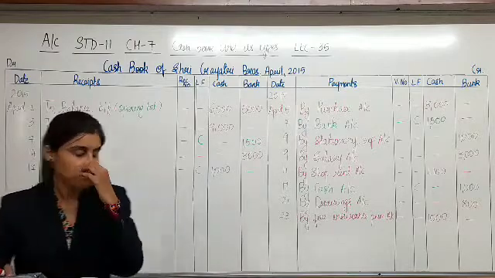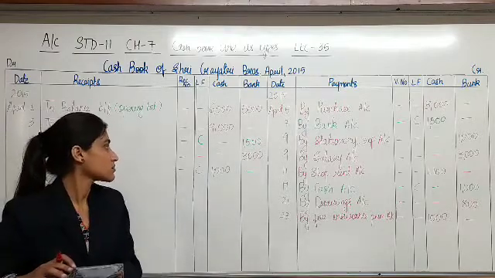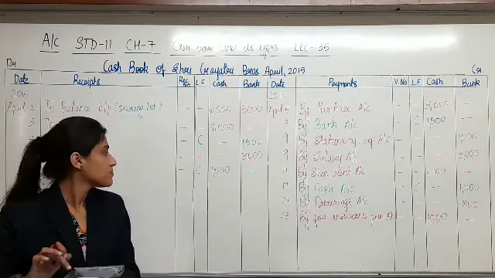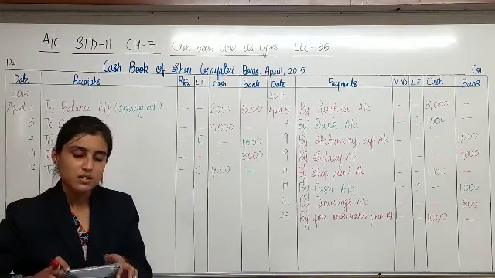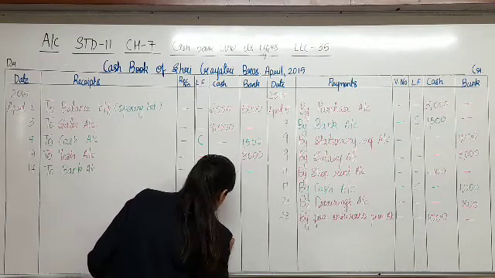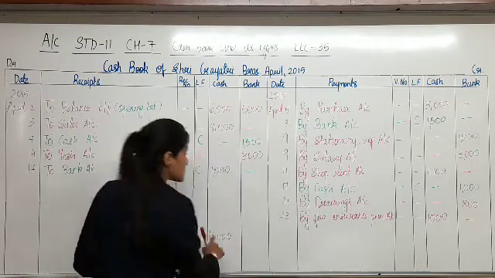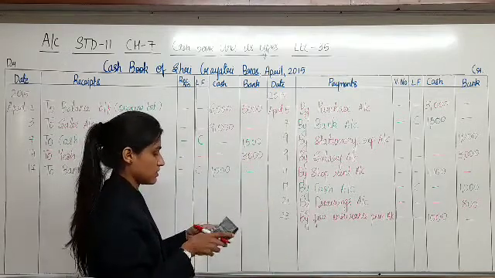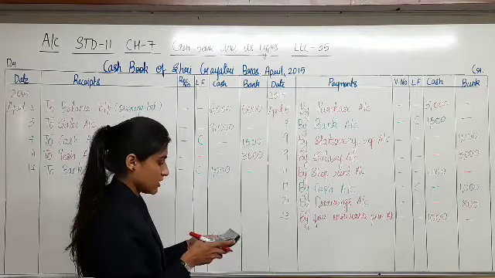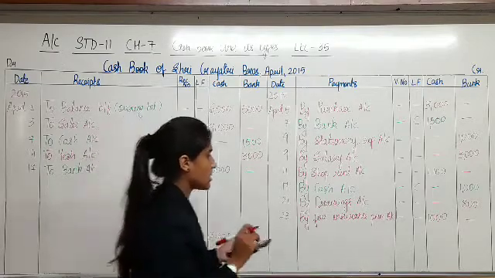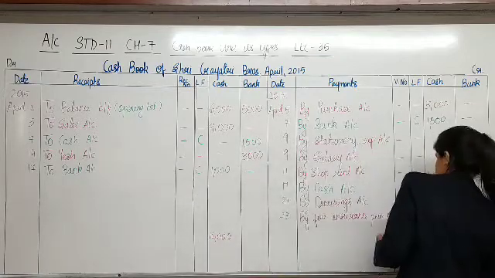सबसे पहले डेबिट साइड का कैश का टोटल हम कर लेते हैं 6000 plus 9000 plus 1000, 16,000. 16,000 minus 3,000 minus 1,500, 1,100 and 1,000, 9,400.